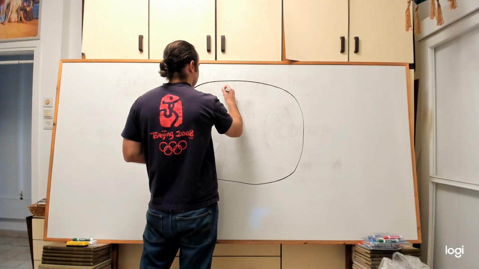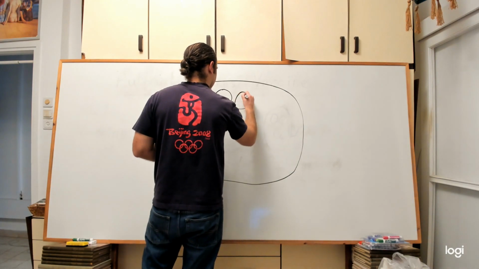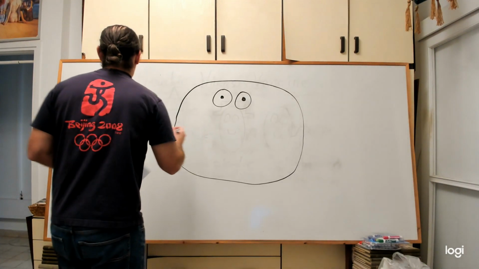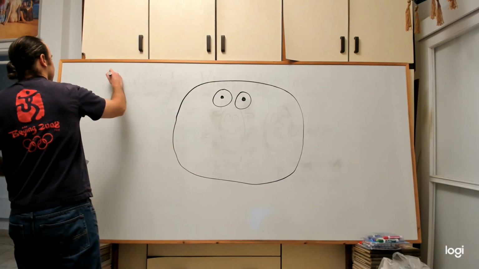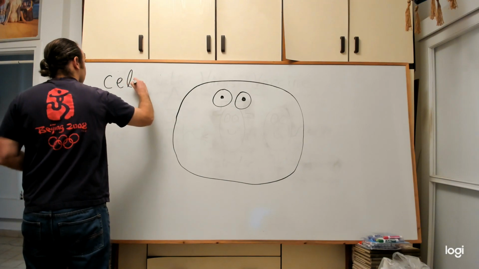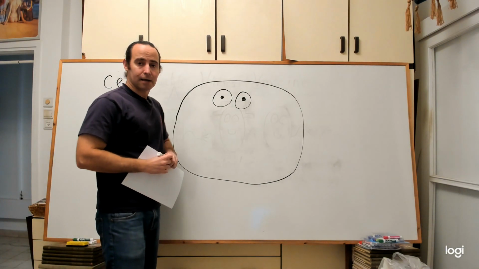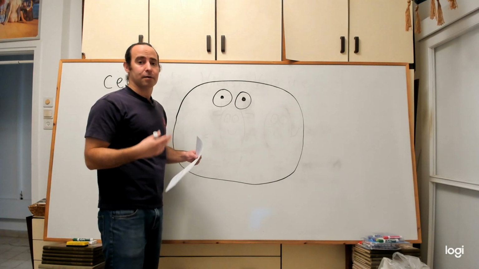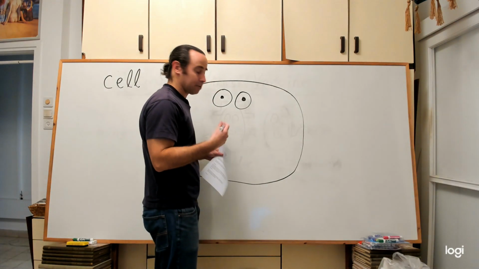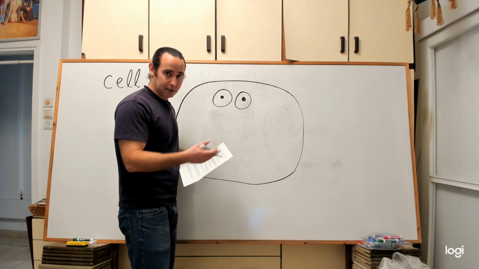and let's give it also eyes. So all this is a cell. And in the cell there is a photocopying machine. Okay, this is how the cell makes duplicates of proteins.